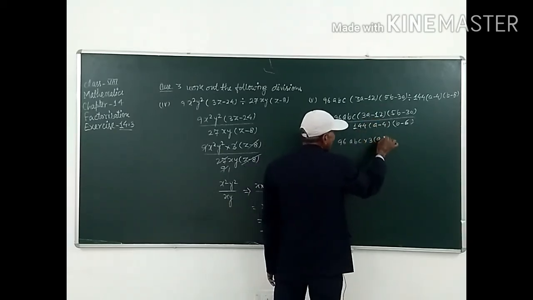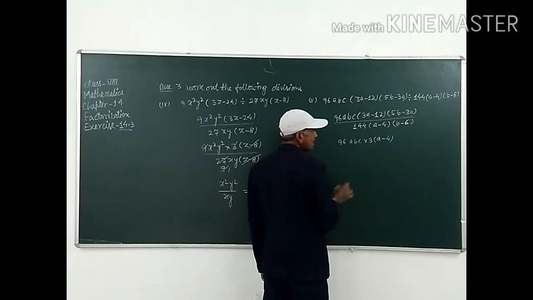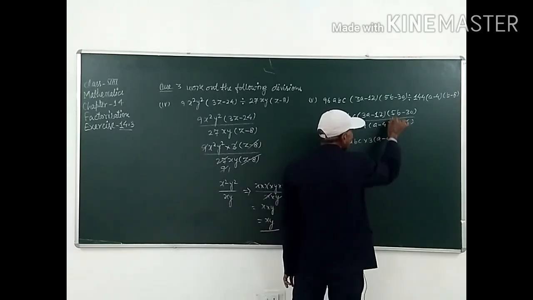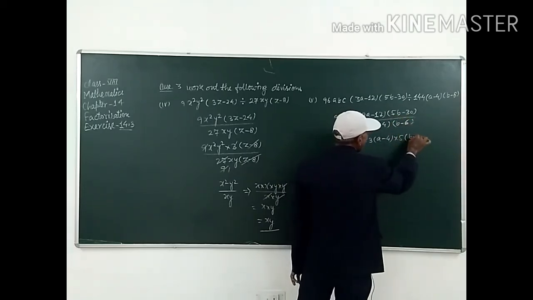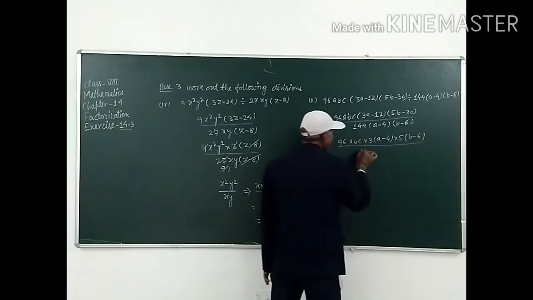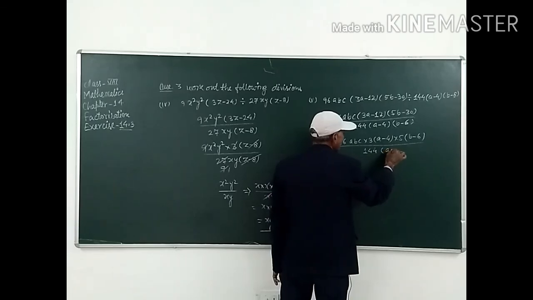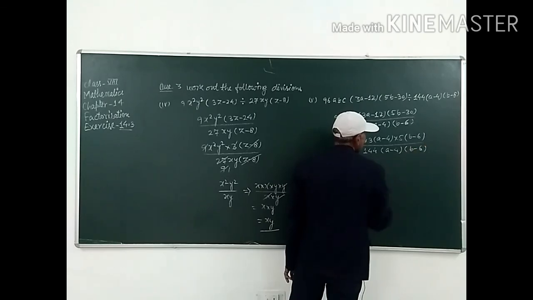So a will remain here minus 3 times 4 is 12. So it will be a minus 4 after taking 3 as common. Now, in this term we have to take 5 as common, student, and here only b will remain minus 5 times 6 is 30. It will be b minus 6, and the denominator will be 144 in one bracket a minus 4 and another bracket b minus 6.